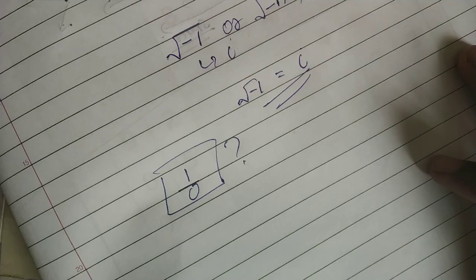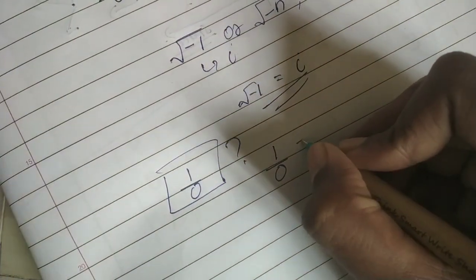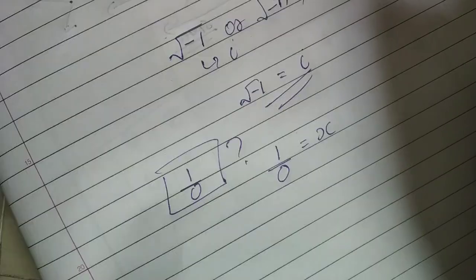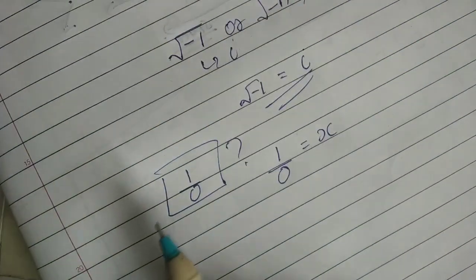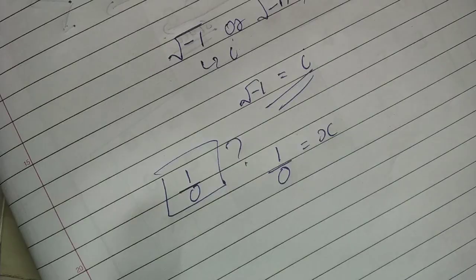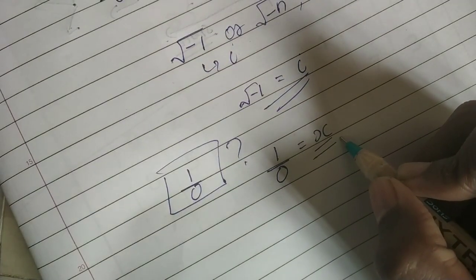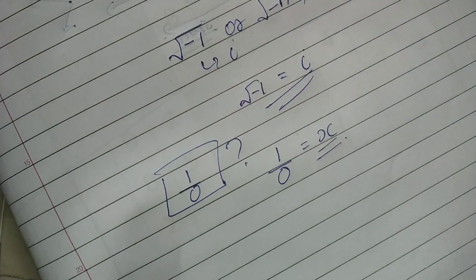And let's consider that we define 1 over 0 as x. As root of minus 1 was defined as i, I decided to define 1 over 0 as x, where x is some number.